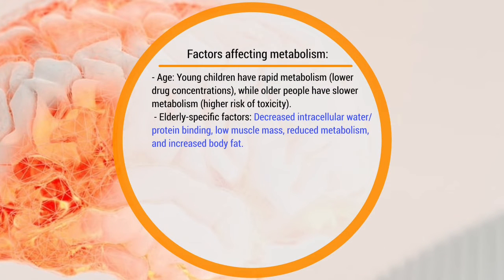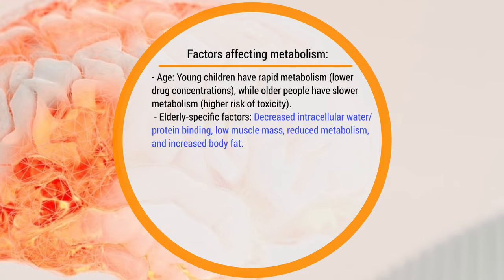So other factors that could affect the metabolism, and that means age, right? Young children have a rapid metabolism, lower drug concentration, while older adults have a lower metabolism, which means higher risk of toxicity, right?